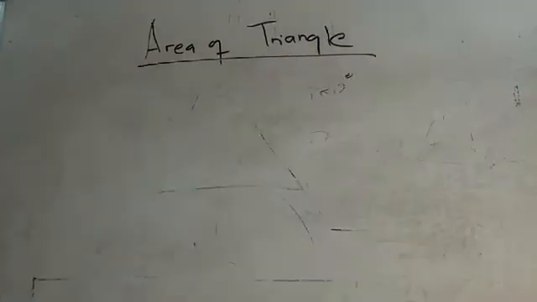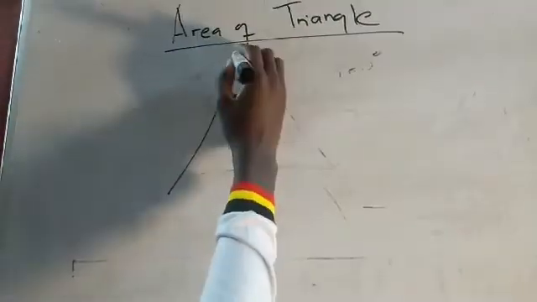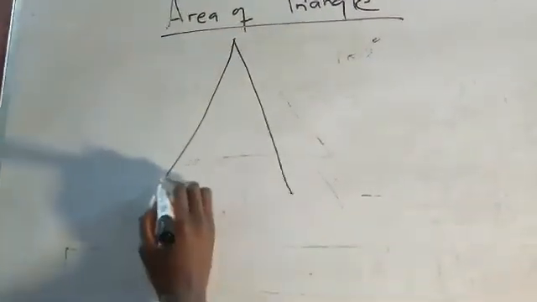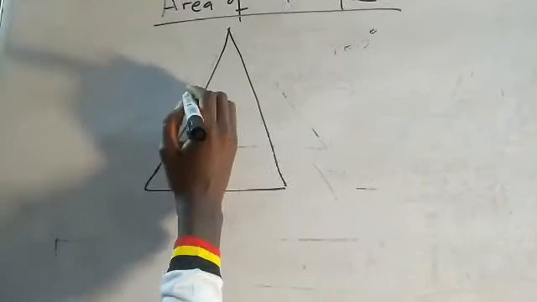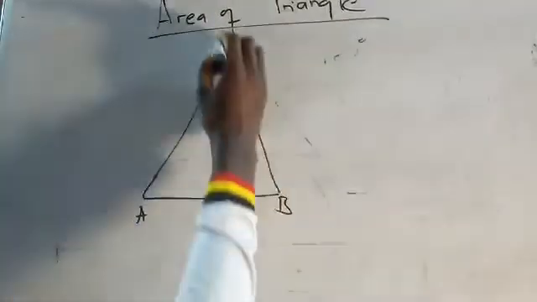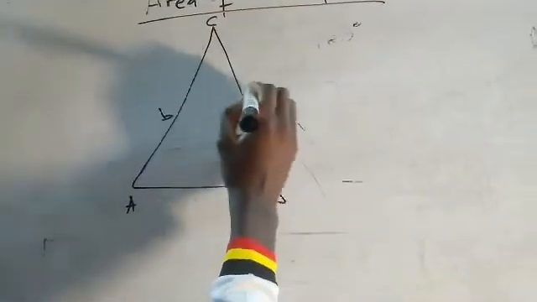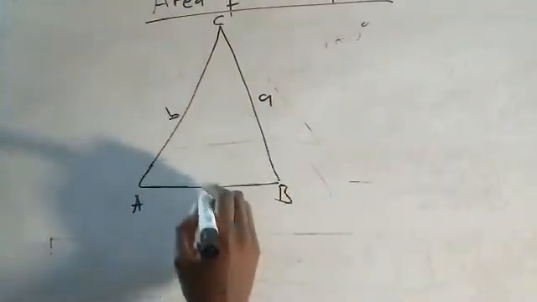So let's have our triangle like this, which is this one A, B, C. This side will reflect b, this one a and this one c.